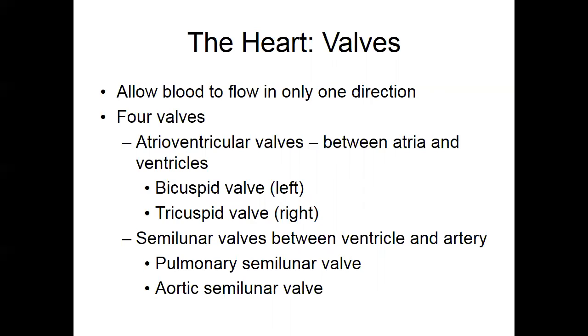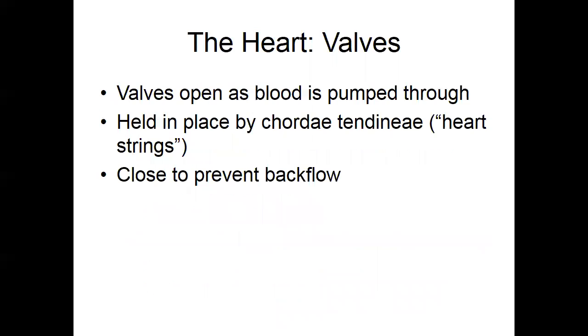Your bicuspid is on the left, think of bicuspid, strong, left side of the heart. Y'all can't see me, I'm flexing. Tricuspid on the right. I try to break it down to simple things. There's not going to be a heart diagram where you have to know which is bicuspid and which is tricuspid.